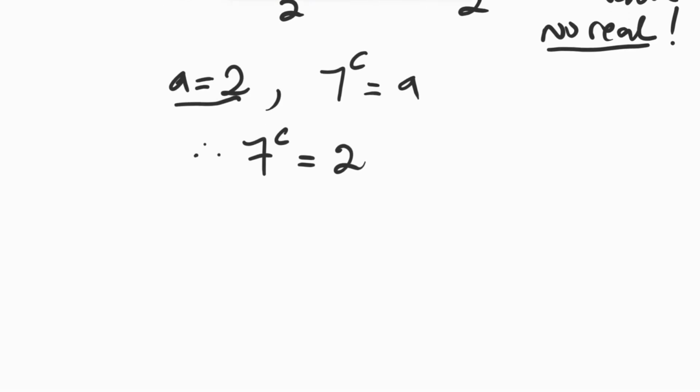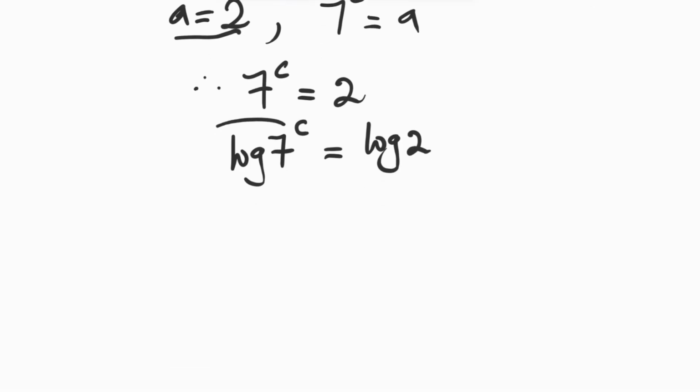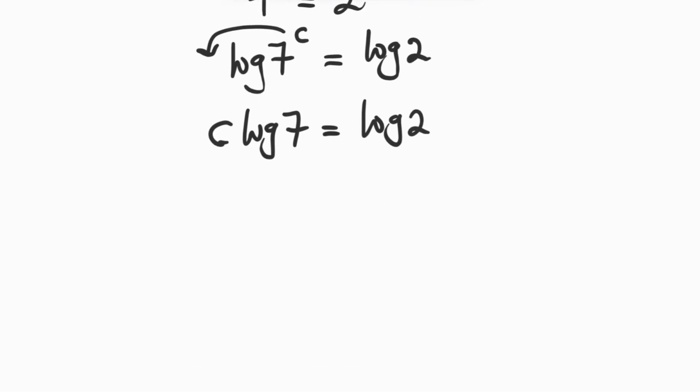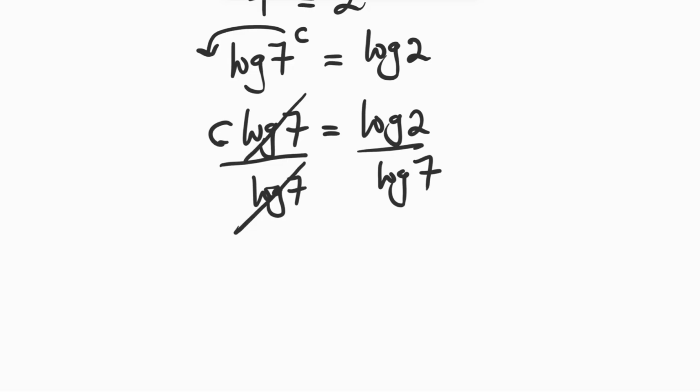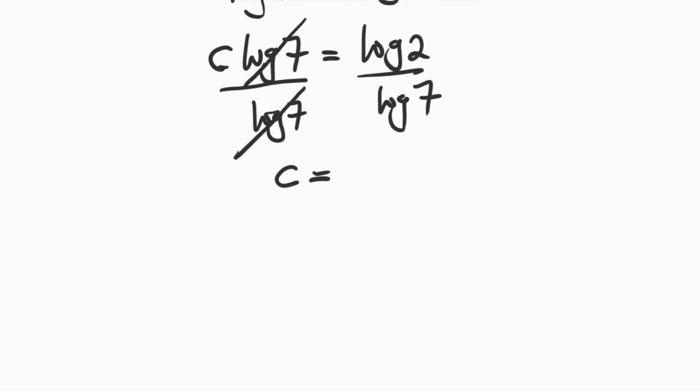So now what do we do? We apply log to both sides in order to be able to solve for the value of c. Now this exponent comes over to the front, and we have c log 7 equals log 2. Next we divide through by log 7, which cancels out that one. Now we have c is equal to log 2 divided by log 7.